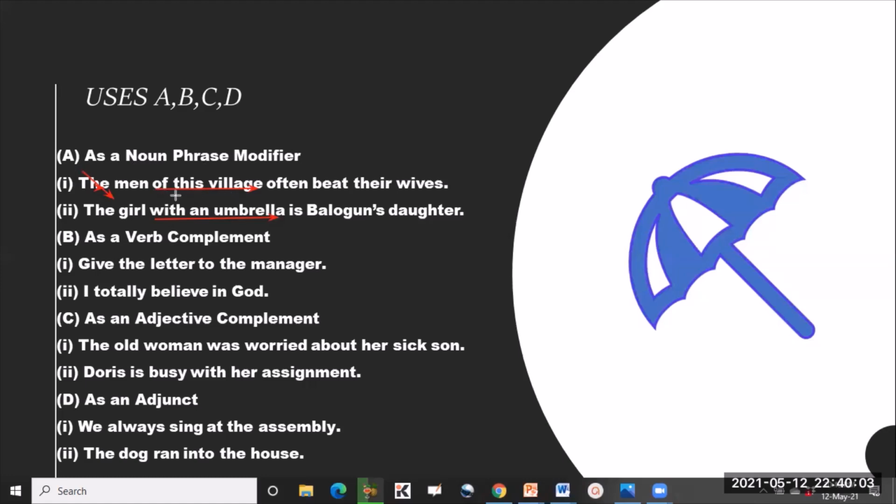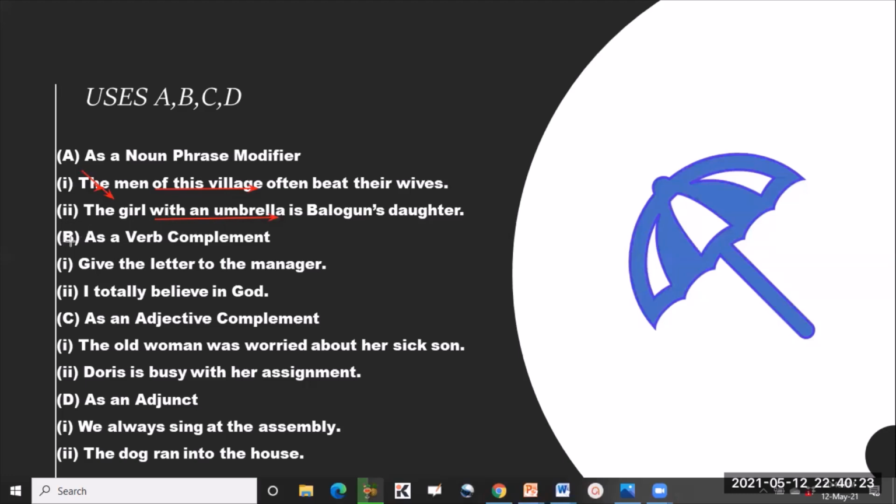All right? And that makes it a noun phrase modifier, functioning as an adjective phrase. I hope that is clear. The same thing applies to the second example.